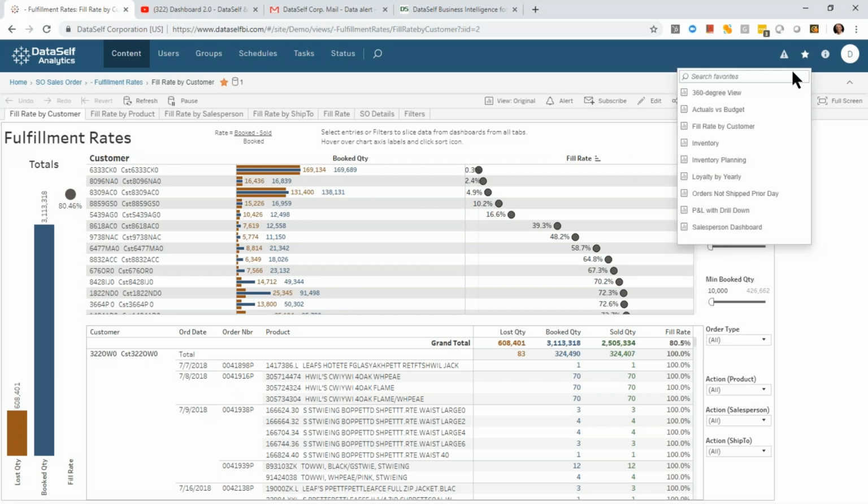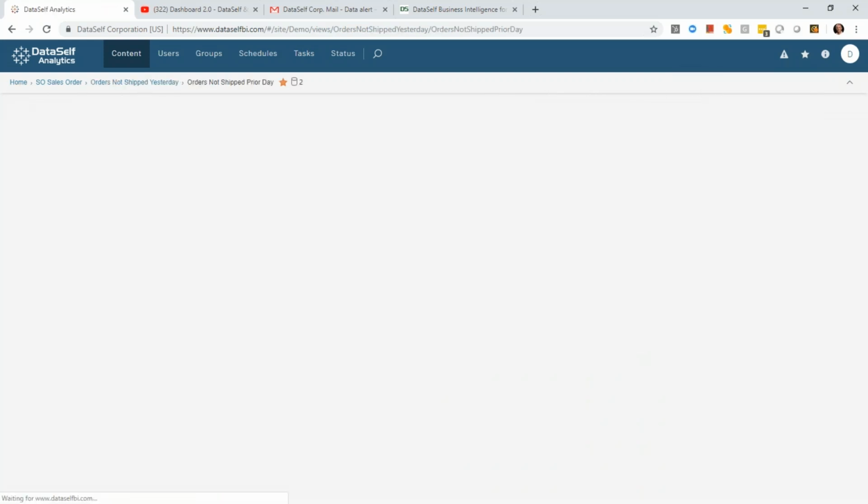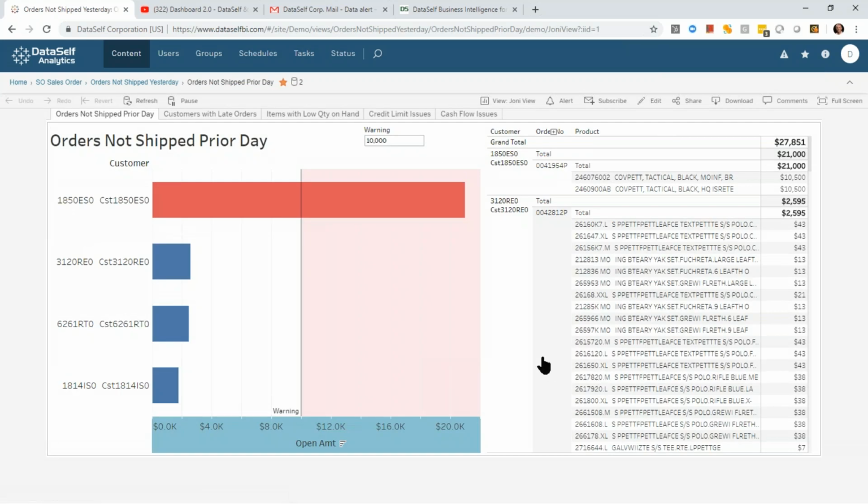By the same token, let me show another example. My last out-of-the-box example is, what if I only want to know about a metric if it meets a certain criteria? Here's an example. For this example, we have orders not shipped in the prior day, and this company has a limit of $10,000.